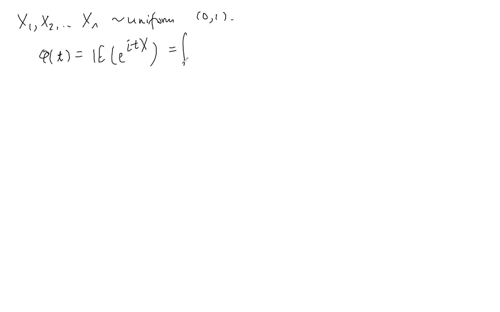If X1, X2, ..., Xn are uniform on (0, 1), then your φ(t) is, let's look at the individual case, E[e^{itX}], which is the integral from 0 to 1 of e^{itx} dx. So it will be 1 over it, e^{itx} from 0 to 1, which is (e^{it} minus 1) over it.